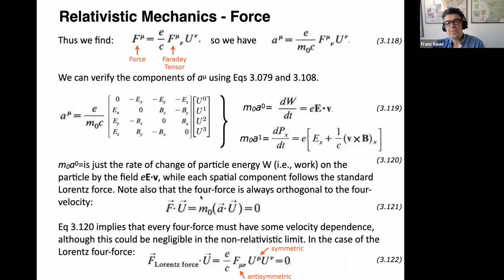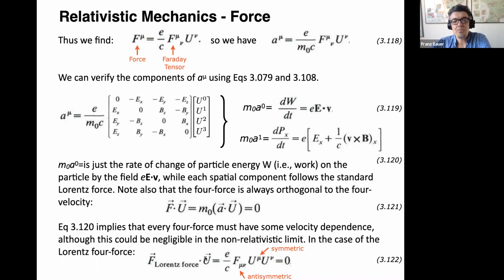We can also note that this 4-force should always be orthogonal to the 4-velocity. So if we have the dot product of these two things, this should equal 0. This implies that every 4-force has a velocity dependence, which could be negligible in a non-relativistic limit, but can be substantial in the relativistic limit.